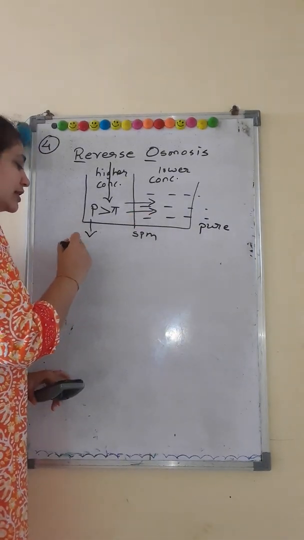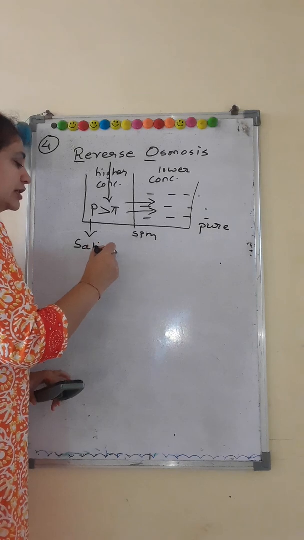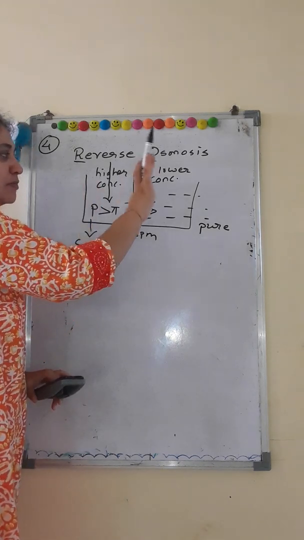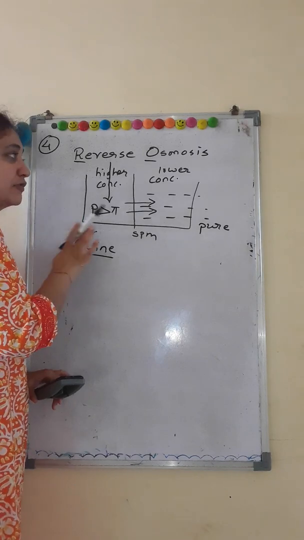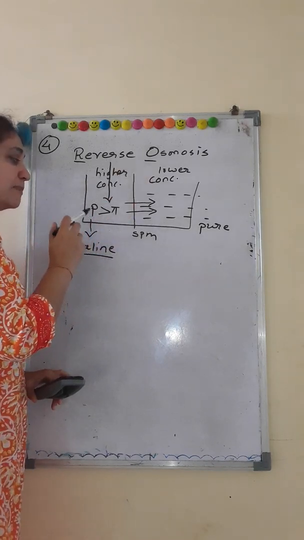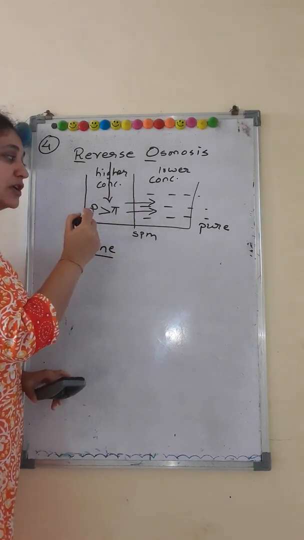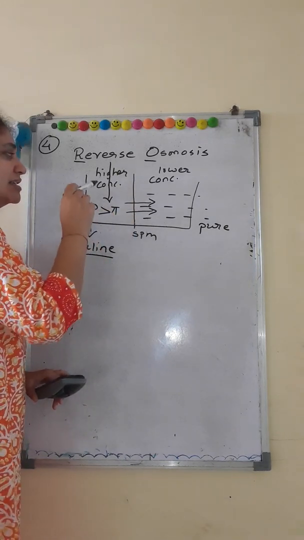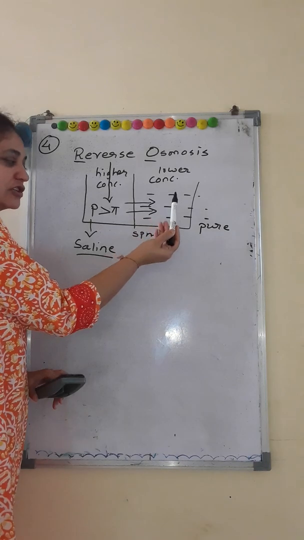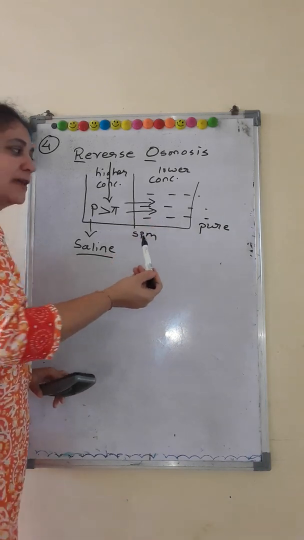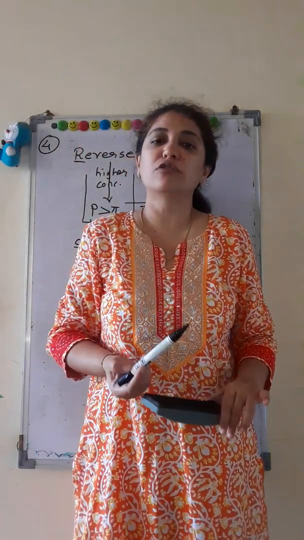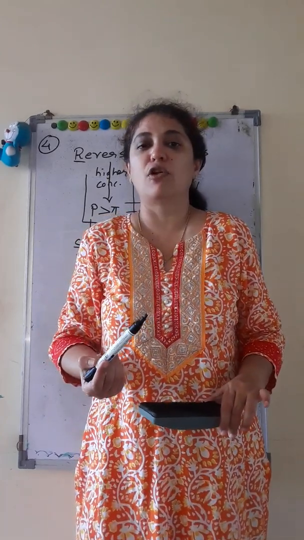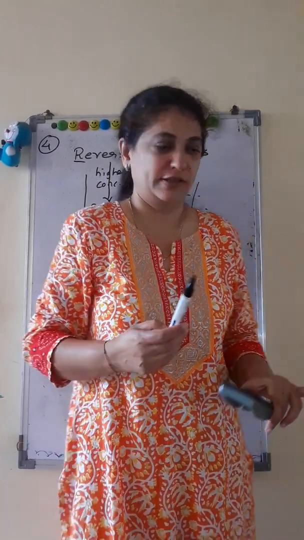Suppose this is saline water which has dissolved salts in it. By applying pressure higher than the osmotic pressure, the direction of flow of solvent is reversed. It starts moving from higher concentration to lower concentration through the SPM, and we obtain pure solvent or pure water. This process is called reverse osmosis.